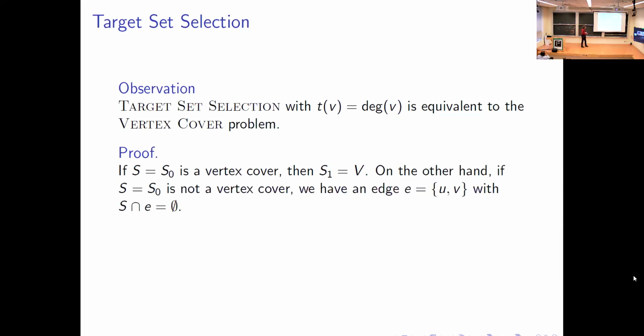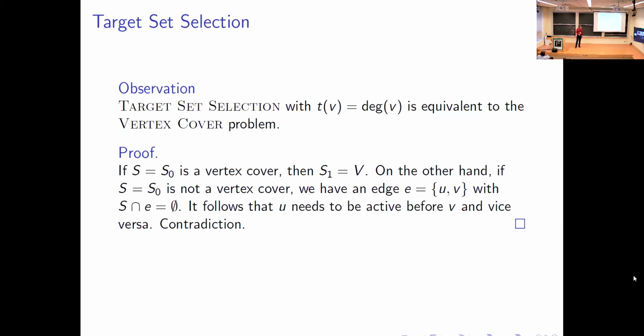On the other hand, if we do not have a vertex cover, that means we have some edge E with endpoints U and V such that the intersection with E is empty, but that means that the vertex U has to be active before V, and vice versa, which is impossible, right? And what follows is that the problem is indeed NP-hard.